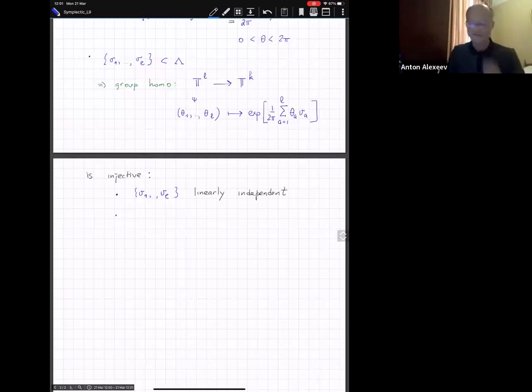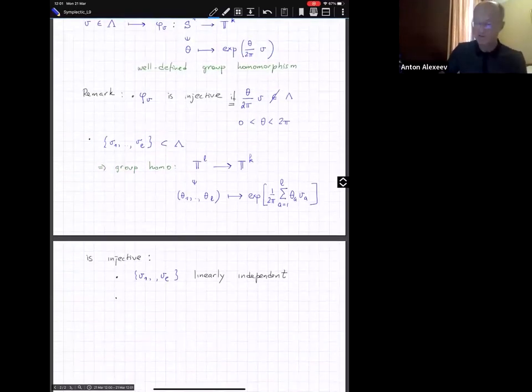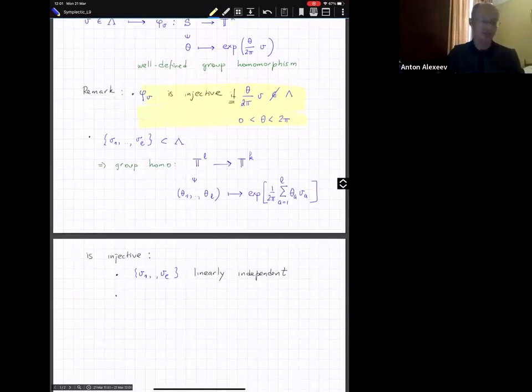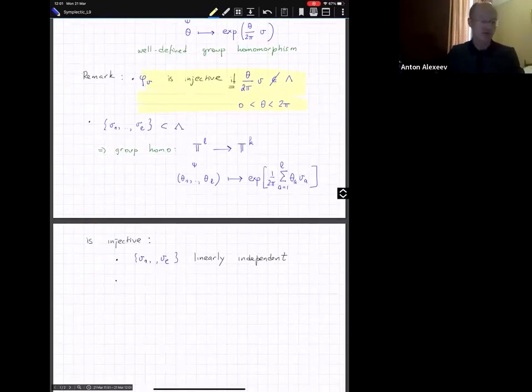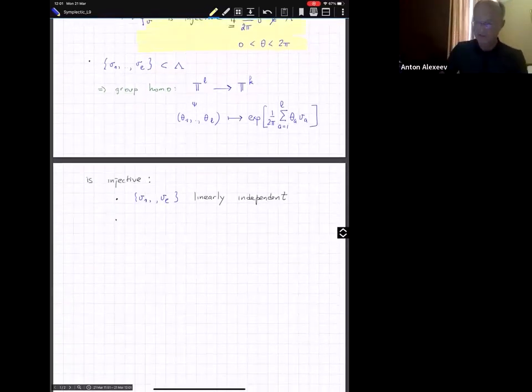But then there is the following condition, which is exactly the multidimensional analog of this condition here, right? So let me state it in the following way. We want 1 over 2 pi sum over A, theta A VA to be in lambda.